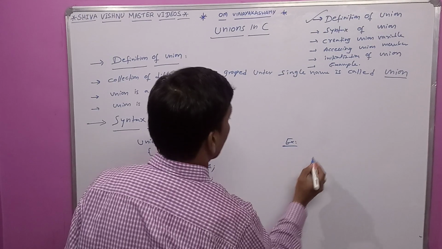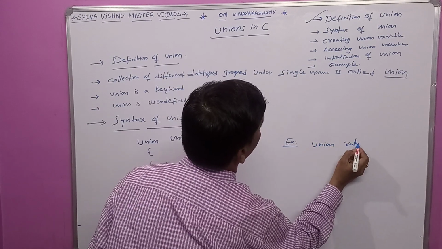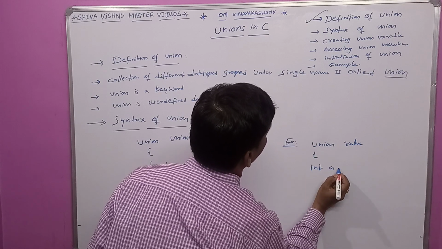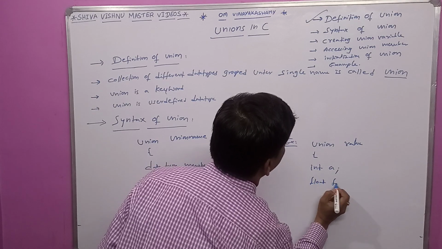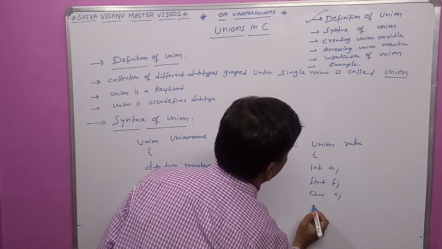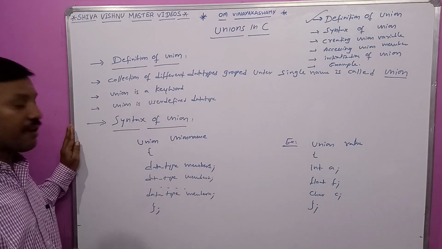Example: union value, open brace, int a; float f; char c; close brace, semicolon.